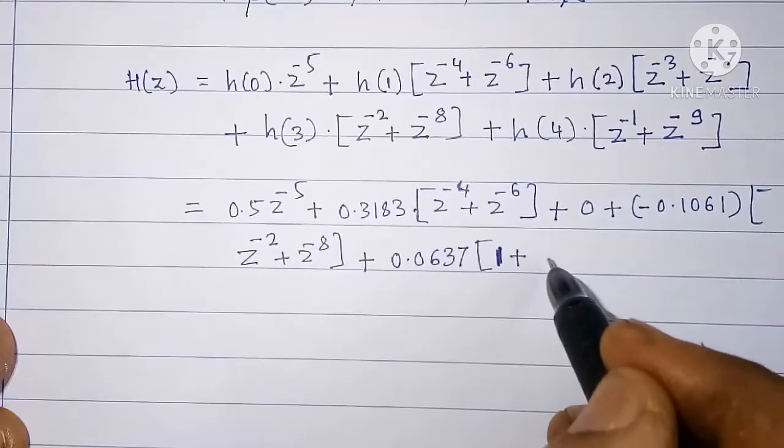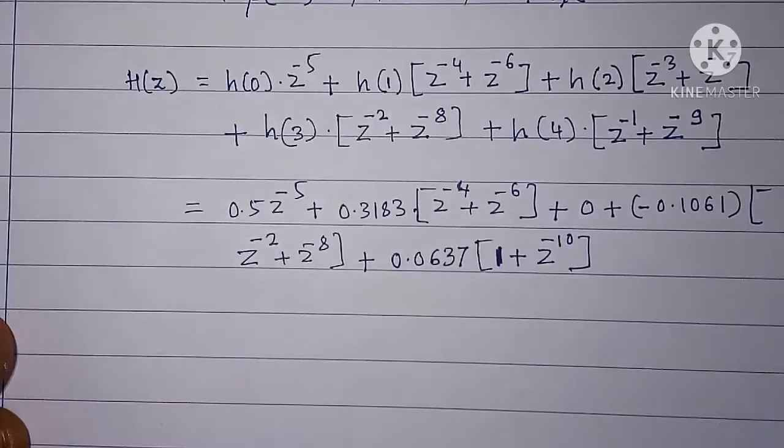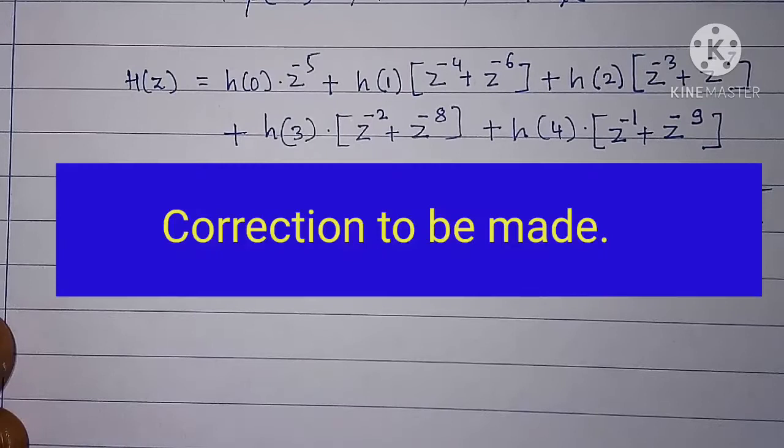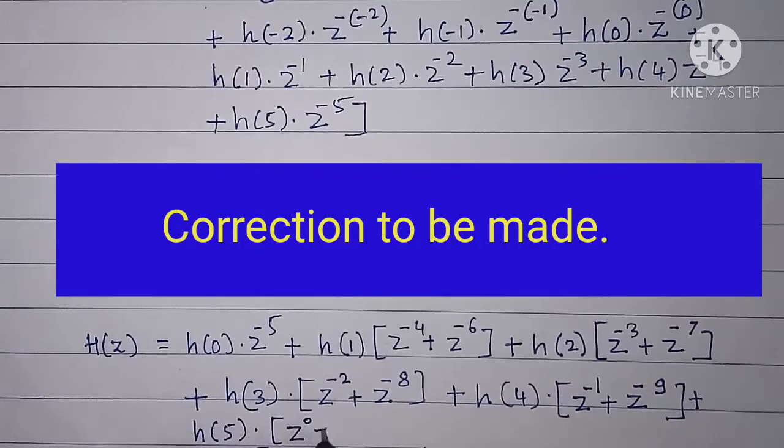So 1 plus z raised to minus 10. Plus h of 5 into z raised to 0 plus z raised to 10.